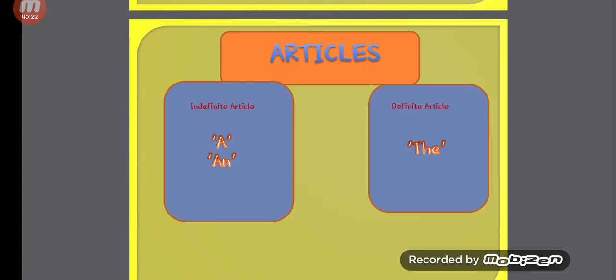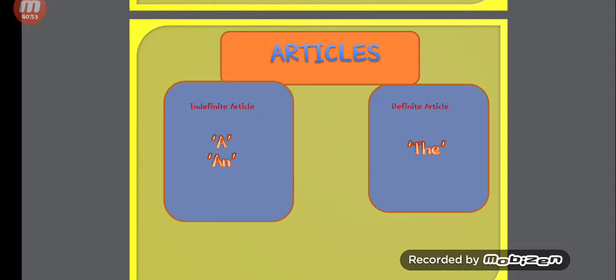Articles. Indefinite and definite articles. There are three kinds of articles in the English language: a, an, and the. It's a common rule that every singular noun should have a or an.